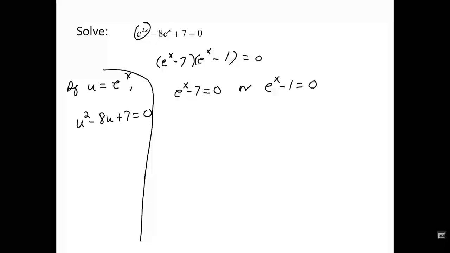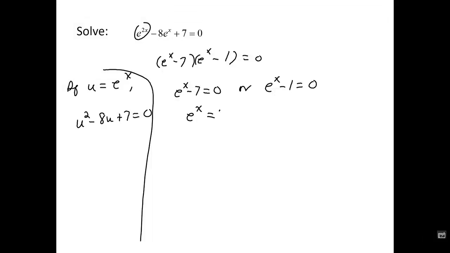And now solving each equation separately, we have what? E to the x is equal to 7. Base e. So we're going to take the natural log of both sides of the equation. So the natural log of e to the x is equal to the natural log of 7.